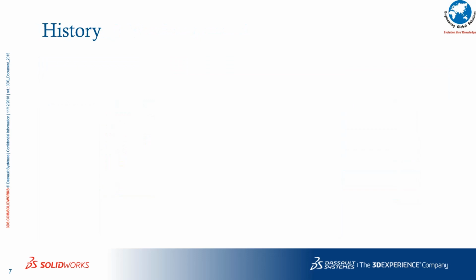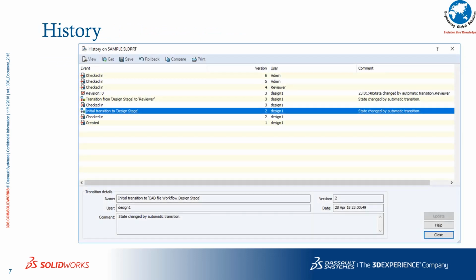Let's see about history. SolidWorks PDM provides each and every history of the file from creation to deployment, so the user can easily capture the list of tasks done on the file.